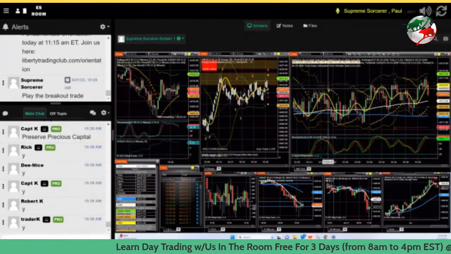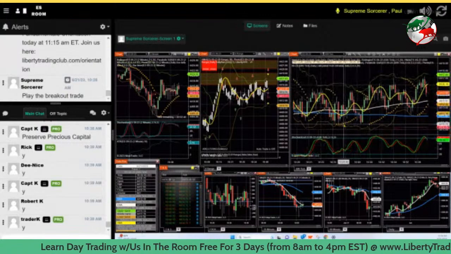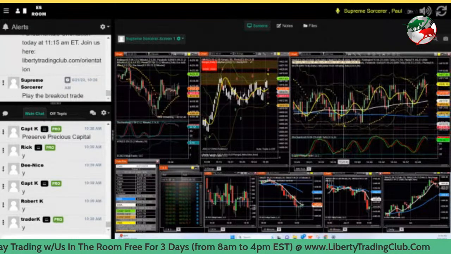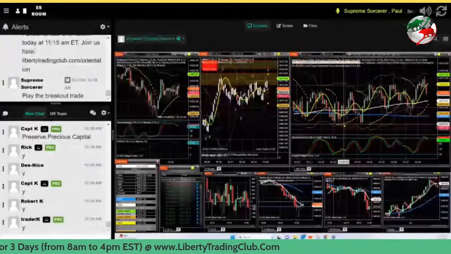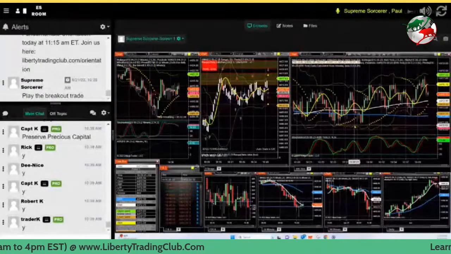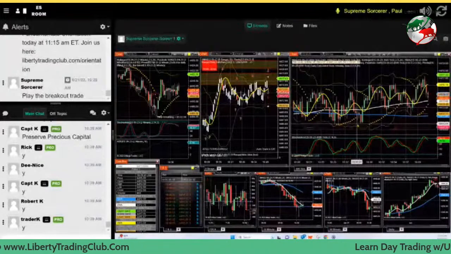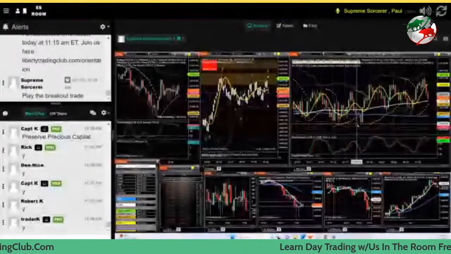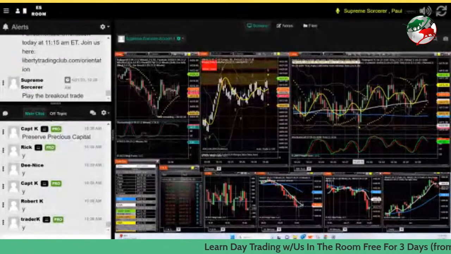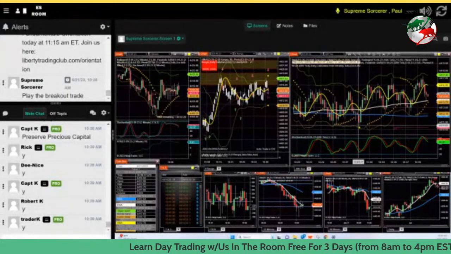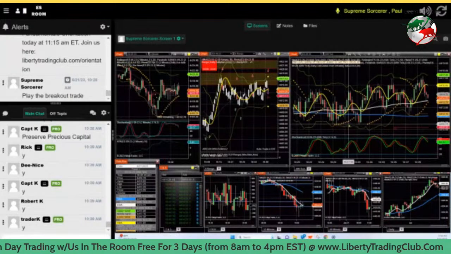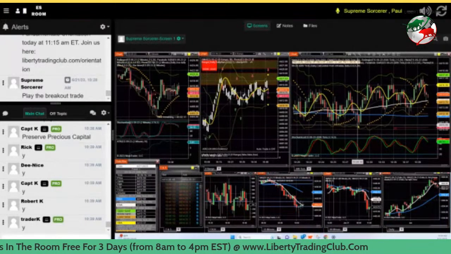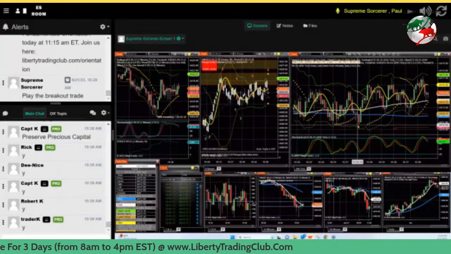And this is exactly why you don't trade the breakout trade unless you have a bigger account and know what you're doing, because you still have to have your stop here, and you may have gotten 2 targets off by now if you traded a breakout trade. That's why I didn't want anybody doing it that doesn't know how to do it.